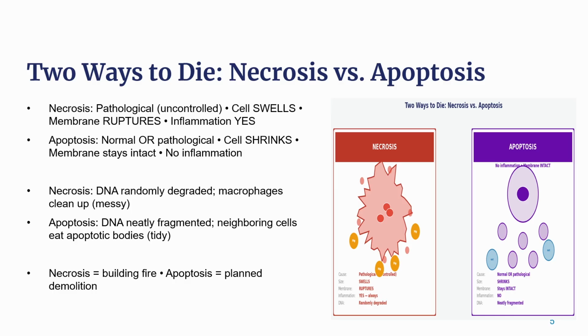Apoptosis, on the other hand, is a controlled, programmed death. The cell actually participates in its own demolition. It shrinks, packages its contents into neat little bodies, and neighboring cells quietly eat them up. No inflammation. Think of necrosis as a building fire versus apoptosis as a planned demolition.